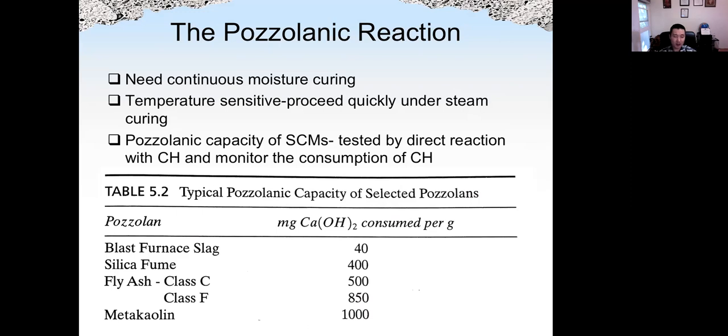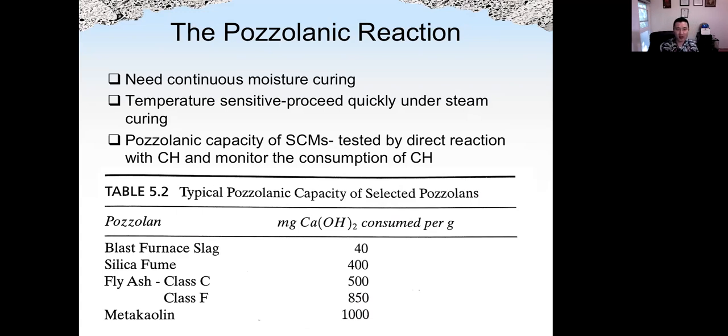The pozzolanic capacity of SCMs is tested by direct reaction with calcium hydroxide, monitoring how much calcium hydroxide is consumed. We can see from this table from our textbook the typical pozzolanic capacity of some pozzolans.